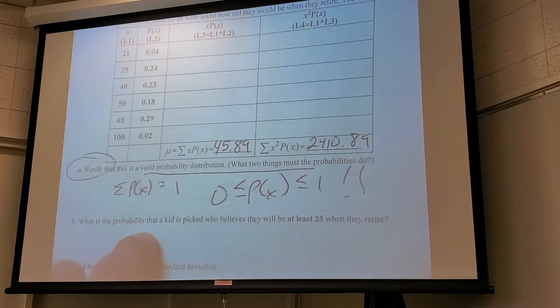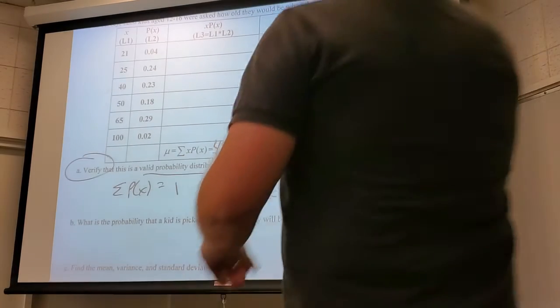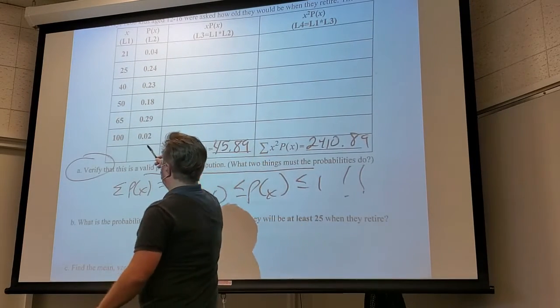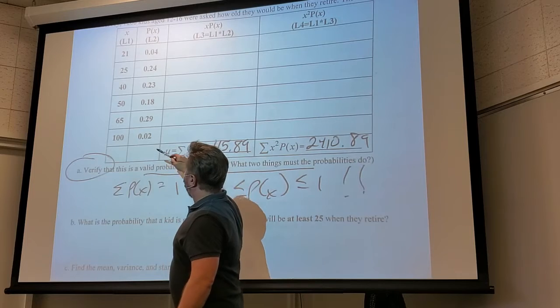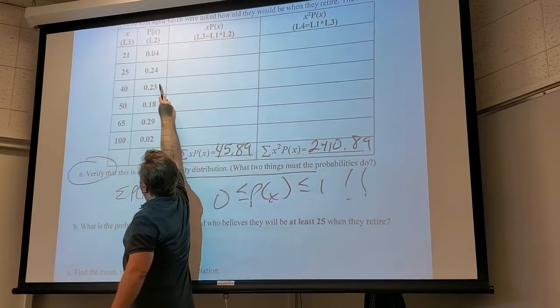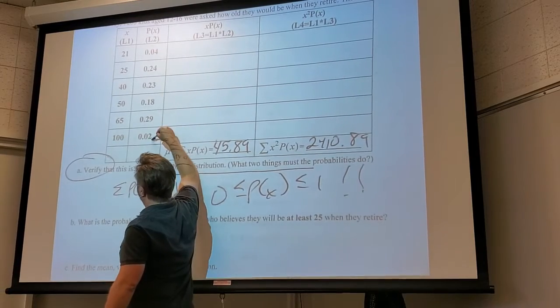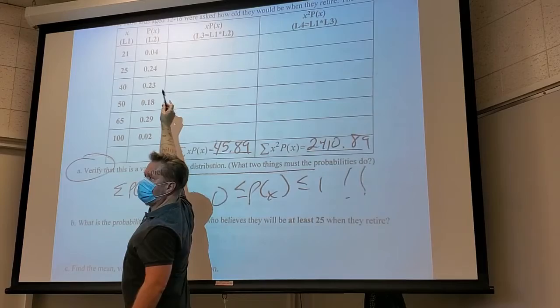Now look at, now real quick, okay. I just want this to make complete math sense. What does this column add up to be again? 1. So if I wanted the sum from 25, 0.24 to 0.02, couldn't I just do 1 minus 0.04?